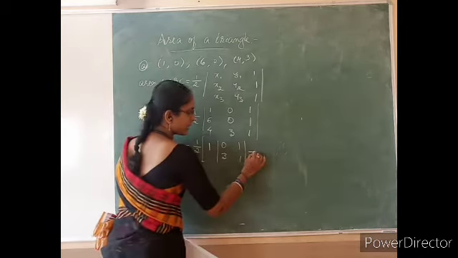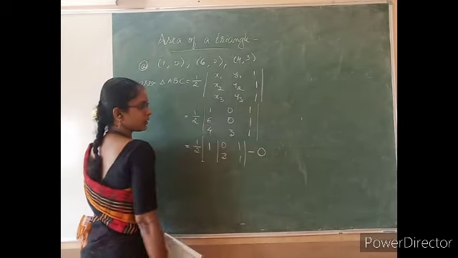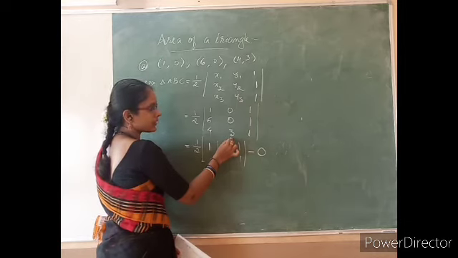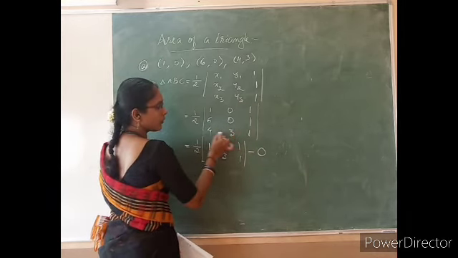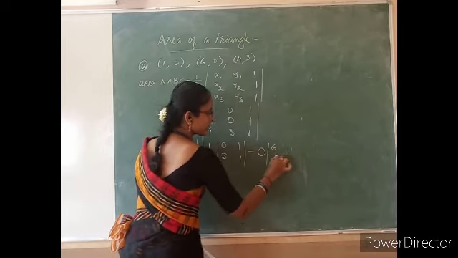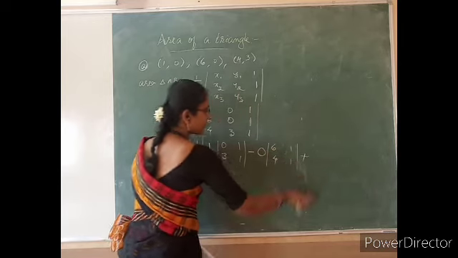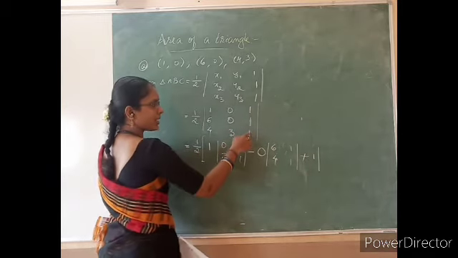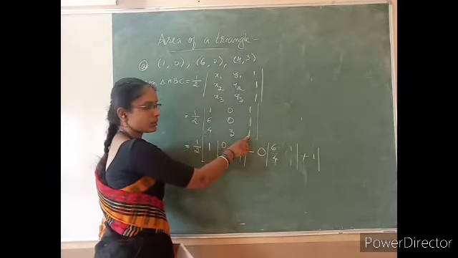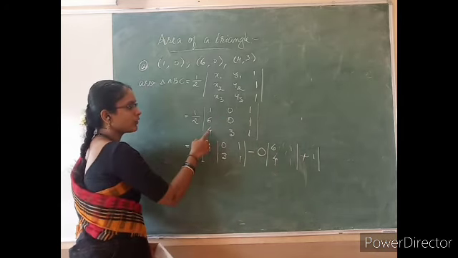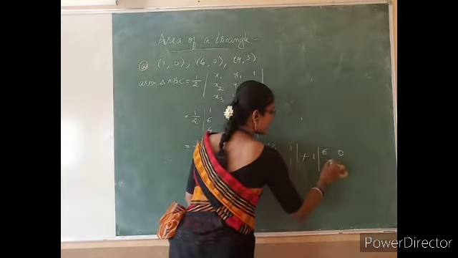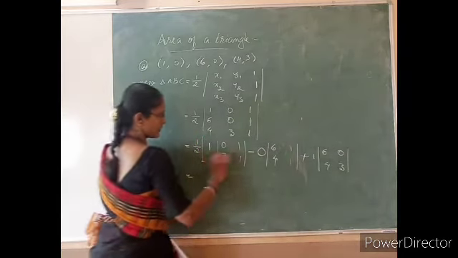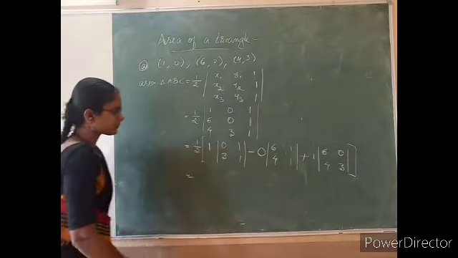Minus the second entry, 0 into, delete the first row and second column in which 0 lies, you will get the determinant of 6, 1, 4, 1, plus 1 into the determinant of, delete the first row and last column, you will get a 2 by 2 determinant, that is 6, 0, 4, 3. Okay. So close the bracket.